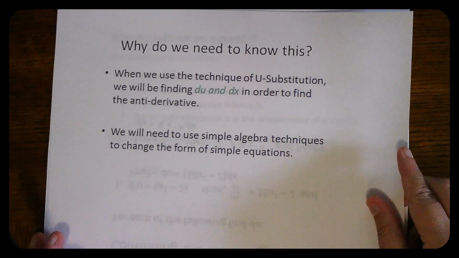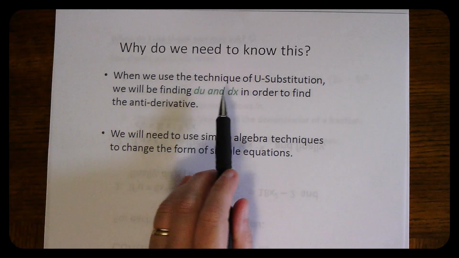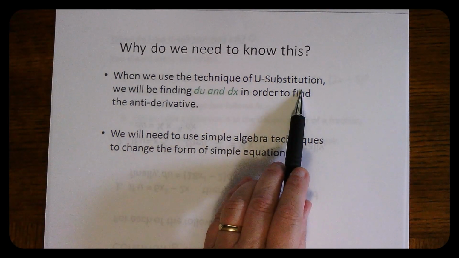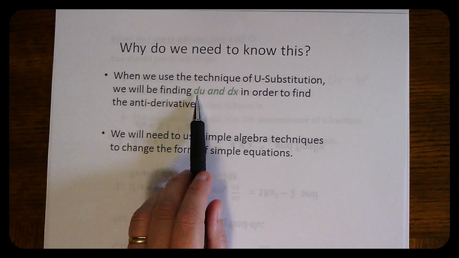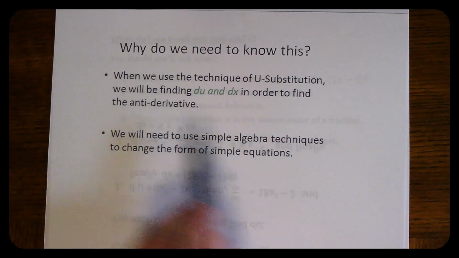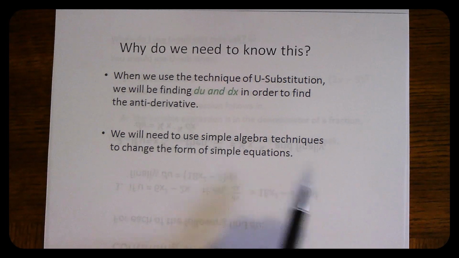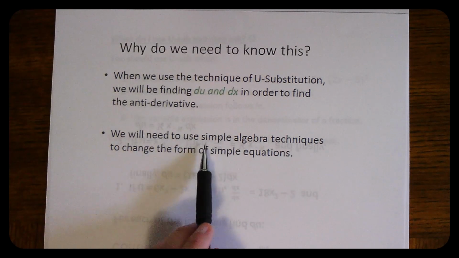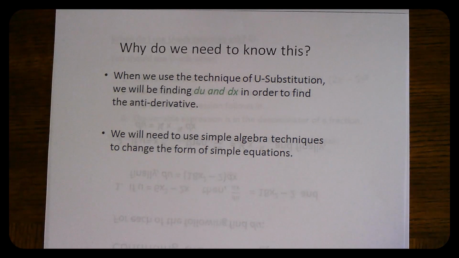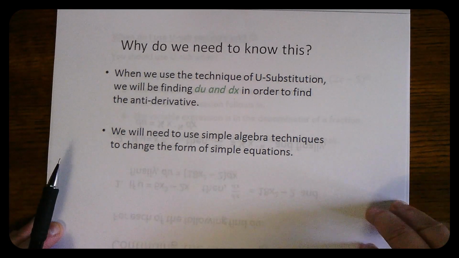Okay, why do we need to know this? When we use the technique of substitution, we're going to be finding du and dx in order to find the antiderivative. And we're going to need to use some simple algebra techniques to change the form of simple equations.